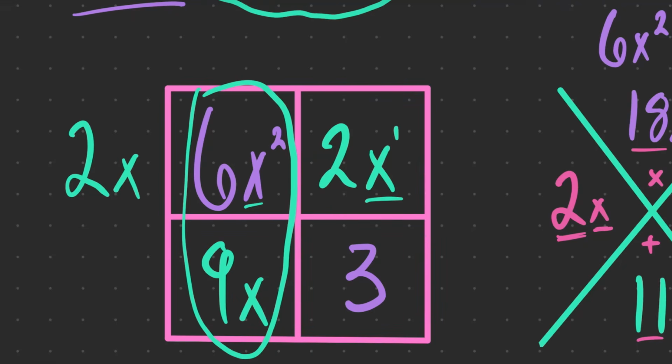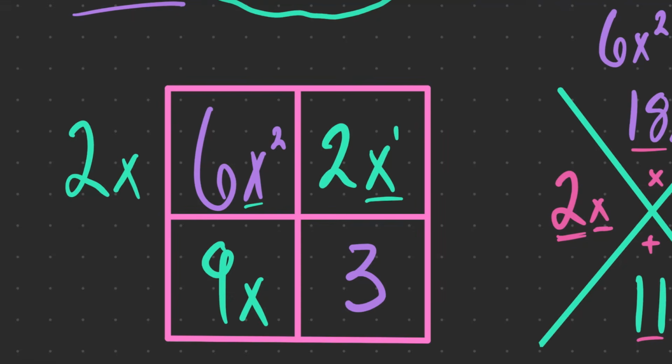But what's nice about this is it reminds me of a puzzle, and it becomes kind of fun for me, because I just like to think, okay, what times 2 gives me 6? Okay, well, 3 times 2 gives me 6, so this is going to be a 3. And what times x gives me x squared? Well, x does.